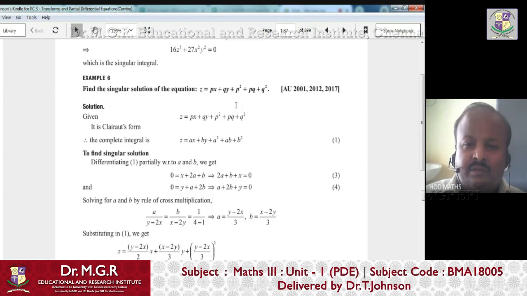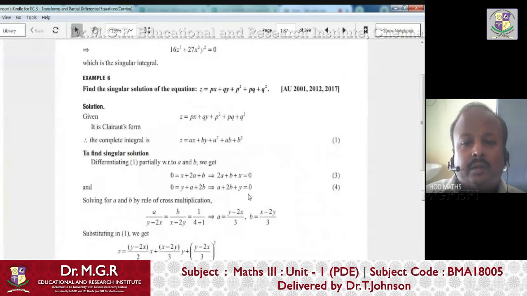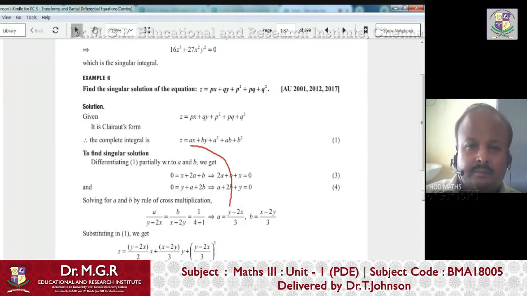In the complete solution where? One minute. In the complete solution here. Wherever a is there, you substitute y minus 2x by 3. Wherever b is there, you substitute x minus 2y by 3.